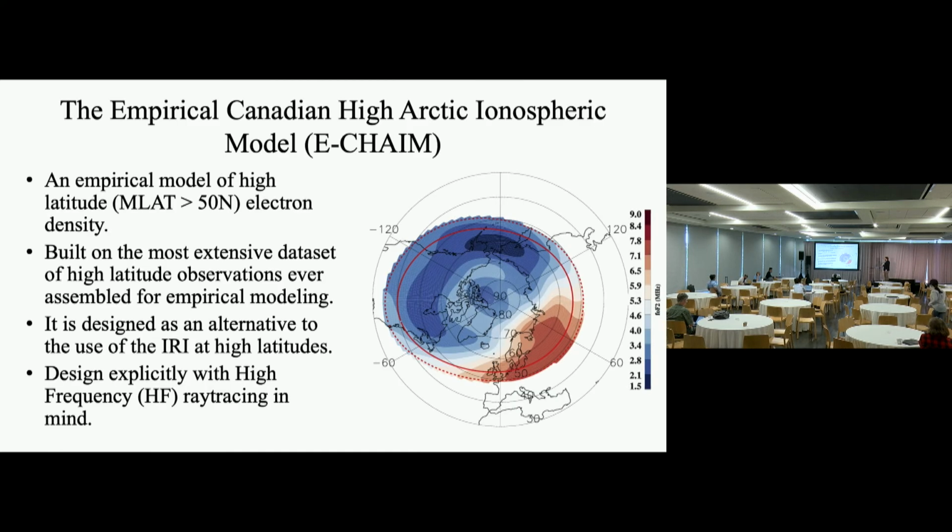E-CHAIM, the Empirical Canadian Hierarchical Ionospheric Model, is the background model for this data assimilation system. It covers everywhere above 50 degrees geomagnetic latitude. It is an empirical model that was designed to replace the use of the IRI at high latitudes, and more specifically it's designed with HF propagation applications in mind.